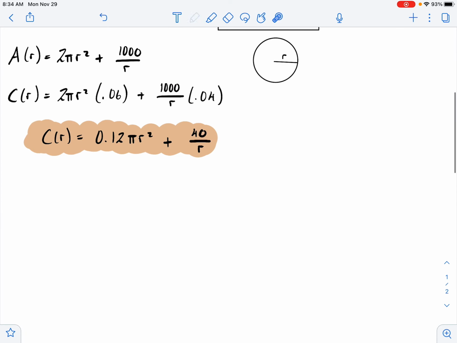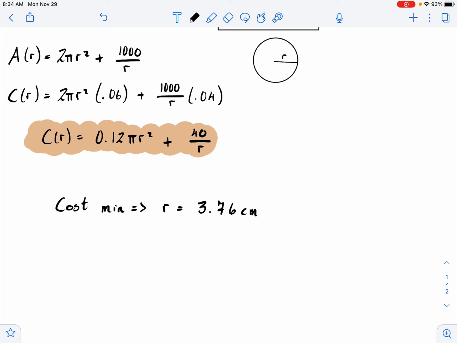And so, sorry, the cost is minimized for r equals 3.76, and that would be in centimeters.